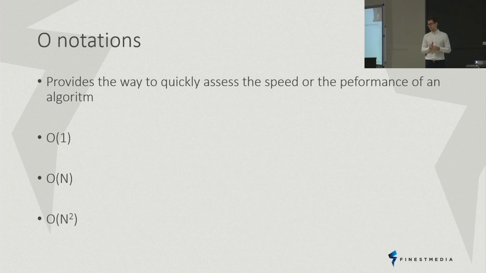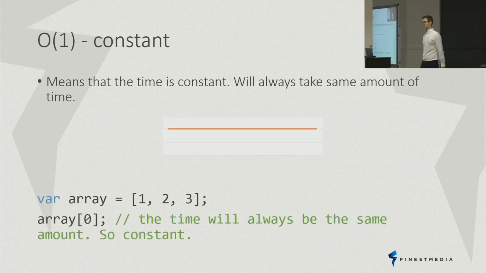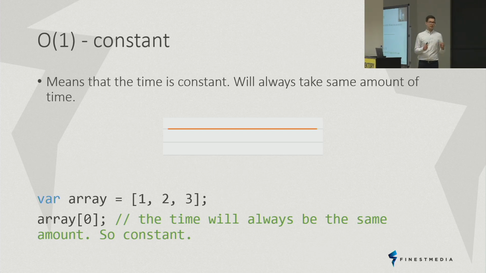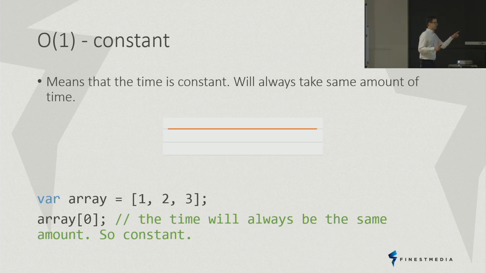O(n) square. So basically, O(1) means constant. It means that the time is constant and it will always take the same amount of time. I added the diagram so you can see it's constant. And from down there, you can see there is an array with elements 1, 2, 3.